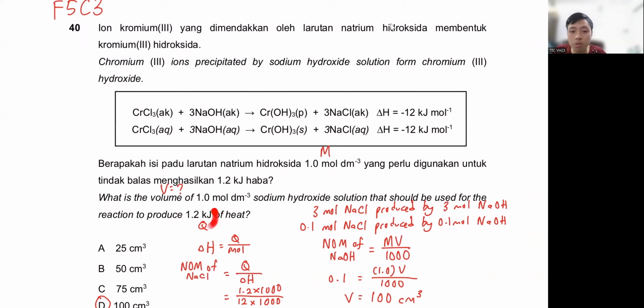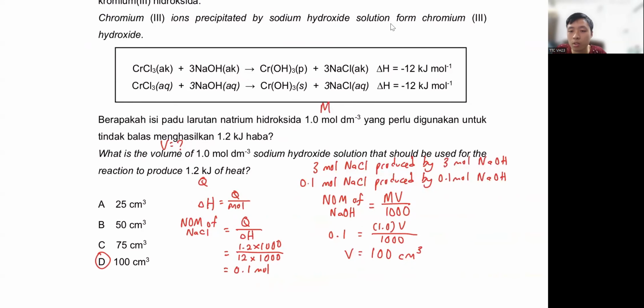This is Q, this is delta H. So you can find out: 1.12 kilojoules gives you 0.1 mole. The ratio is the same, 3 to 3. So with MV over 1000, you can find V equals 100.